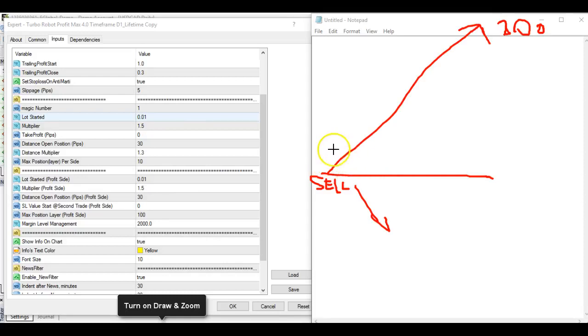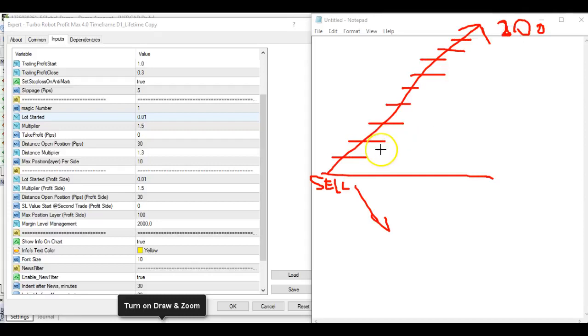Let's say you start with 10 pips, so total layers means these are the layers: 1, 2, 3, 4, 5, 6, 7, 8, 9, 10, so that is 10 layers. The moment it reaches 10 layers in your series of trades, the EA, or the robot, will stop trading. This is to secure you.